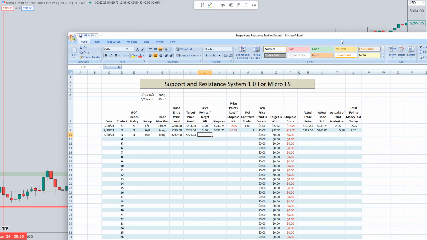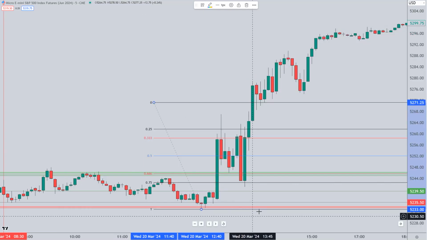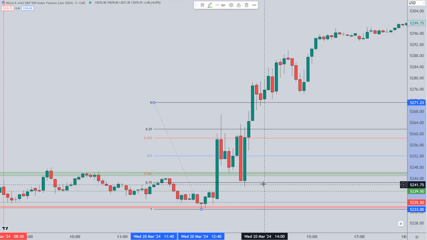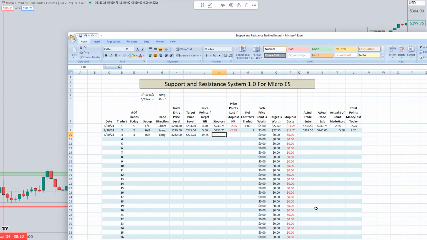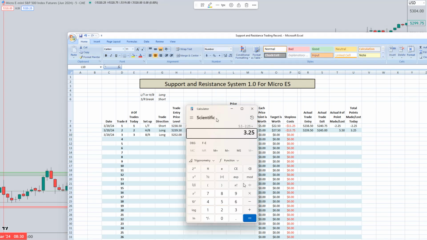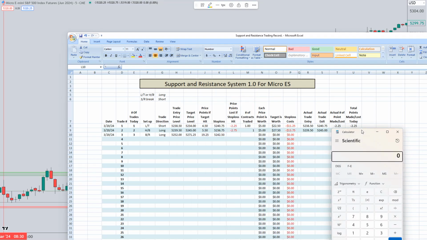It would have been 19.25 points. Our stop loss is 52.425. We would be losing: our entry was 52.52 minus our stop loss 52.425, so 9.5 points.